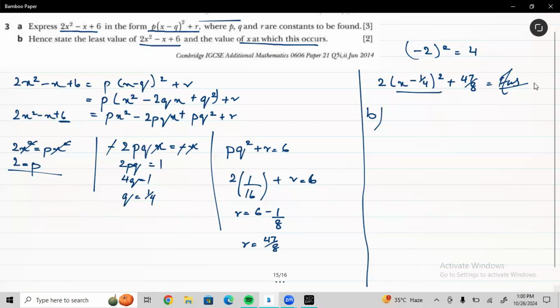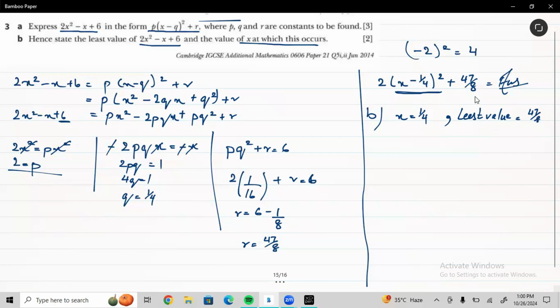And how can we make this a 0? (x minus 1/4) whole squared can be made into 0 when we take the value of x to be 1/4. So x equals 1/4. And then we will have the least value out of this square. So 2 times 0 is 0, and we are going to get the least value equal to 47/8, because 2 multiplied by 0 is 0.